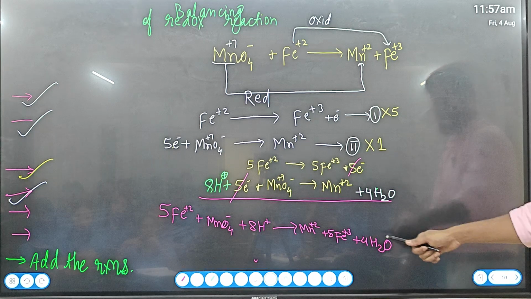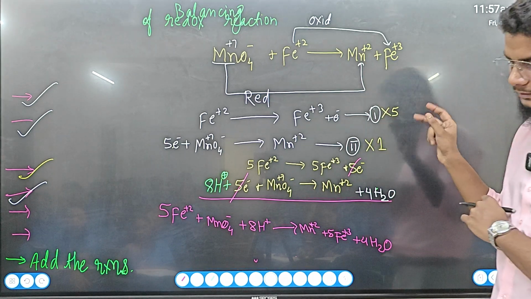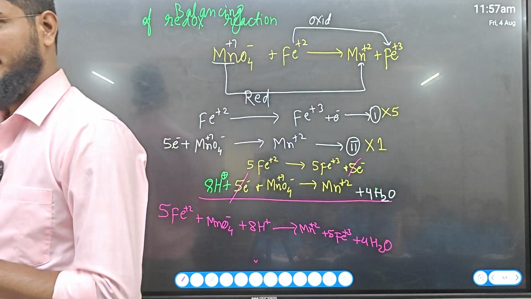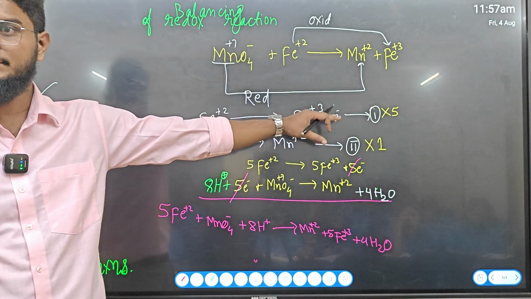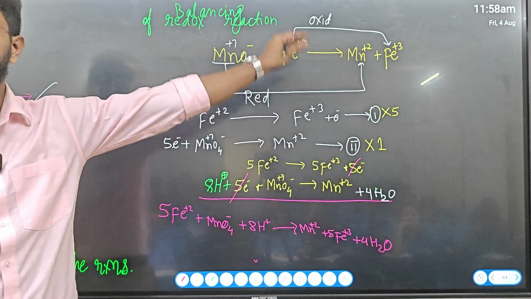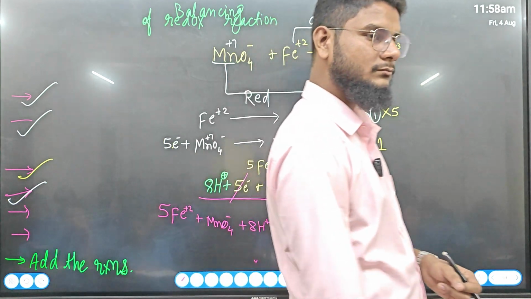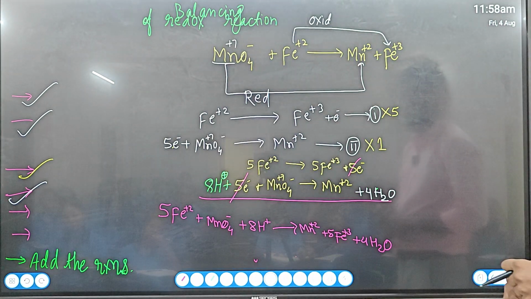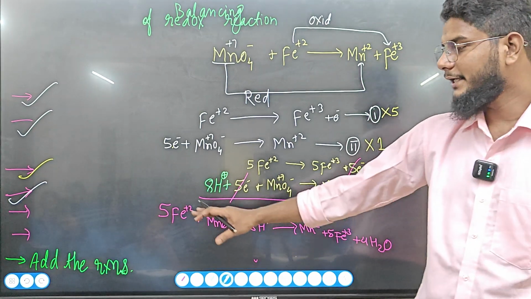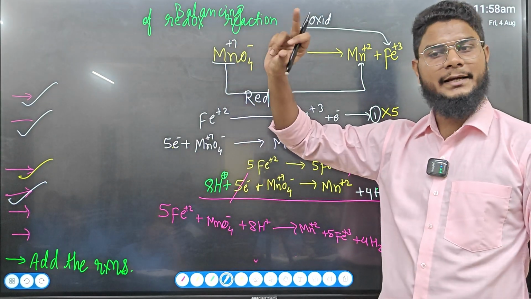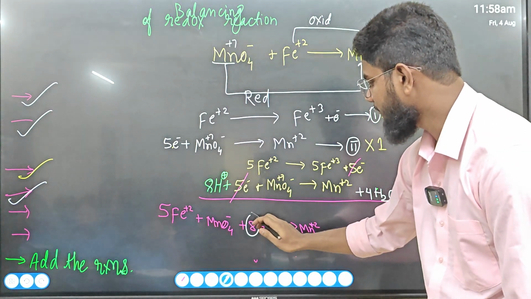Okay, is this clear? How to balance? The other two methods are also the same. Only the first step differs; here we balance the electrons, while in the other method, balancing of electrons will be at the last. Clear? You will get questions where sometimes you have the balanced chemical equation and you just need to tell the coefficients.